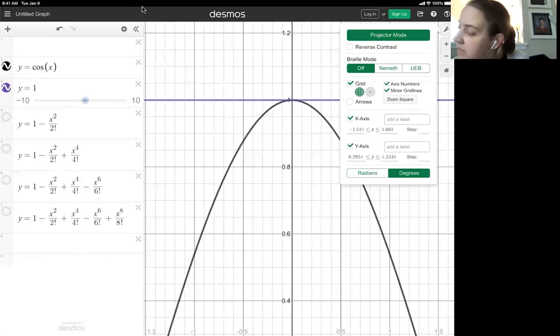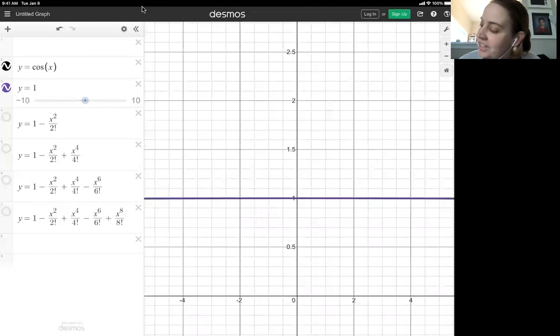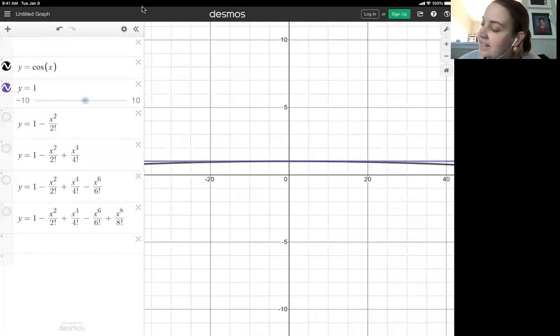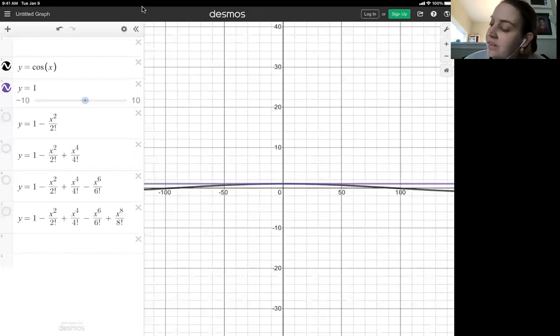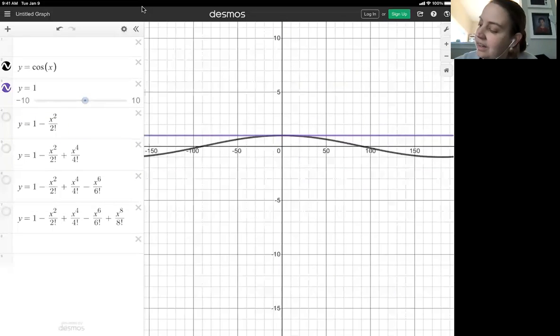Hold that thought. I wanted that to be square again, but I stretched it out. The black curve is cosine and that purple line is 1. So we have our approximation. I've got to fix that. My linear approximation. There we go.